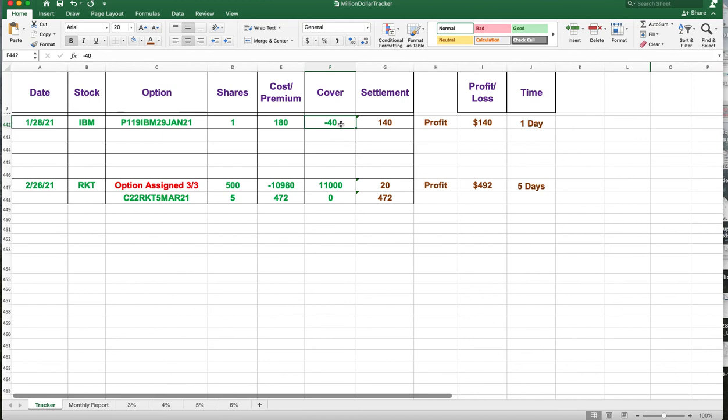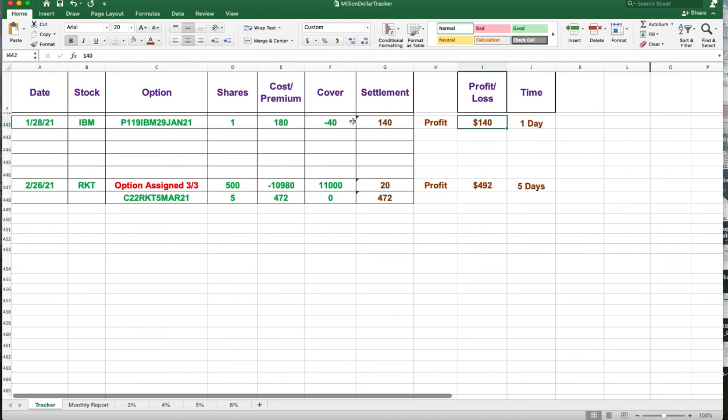It cost me $40. That's called a brokerage fee. What premium was left, I got to keep: $140, a profit. There we go, profit $140. So that was good. I made $140. That's my money. They can't take it away.